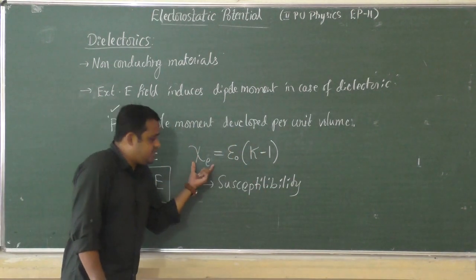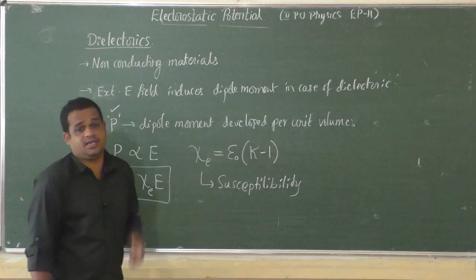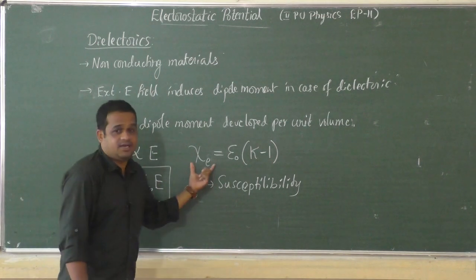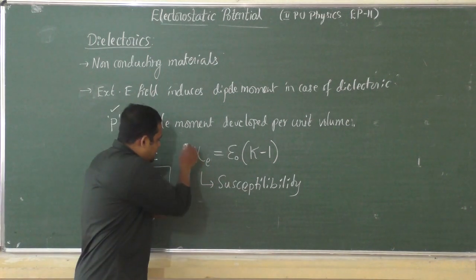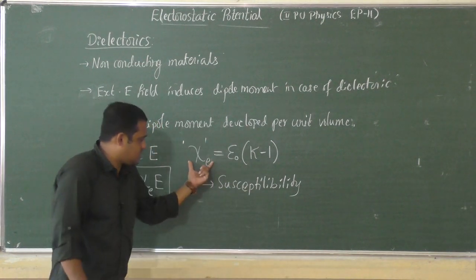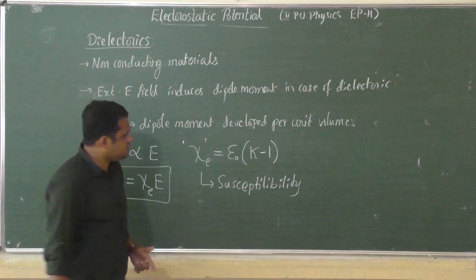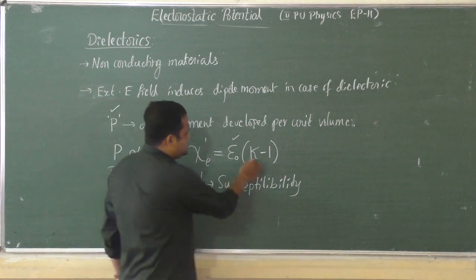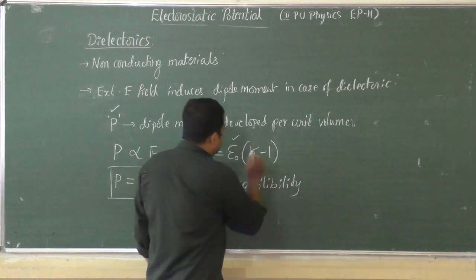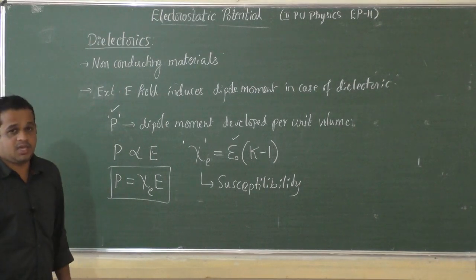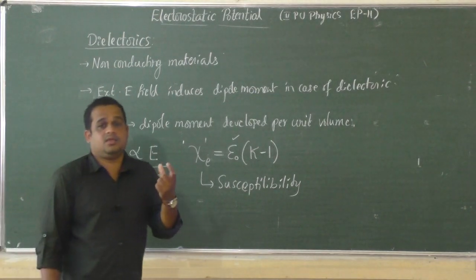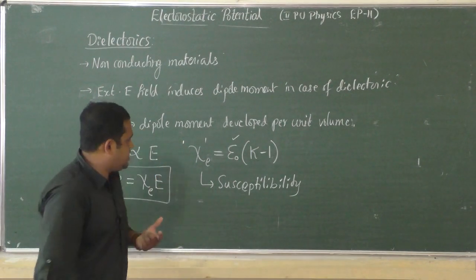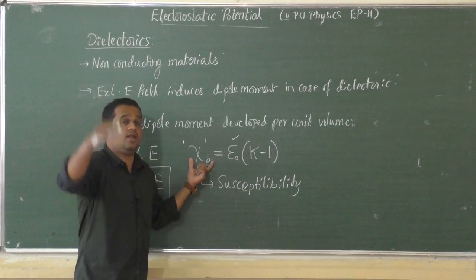Actually, this quantity represents how easily the material can be polarized. How easily the material can be polarized is decided by the susceptibility chi E, which will have different values for different materials. The expression for susceptibility is epsilon naught, the permittivity of free space, into (K minus 1), where K is the dielectric constant. If a dielectric substance can be easily polarized, its susceptibility will have a large value.